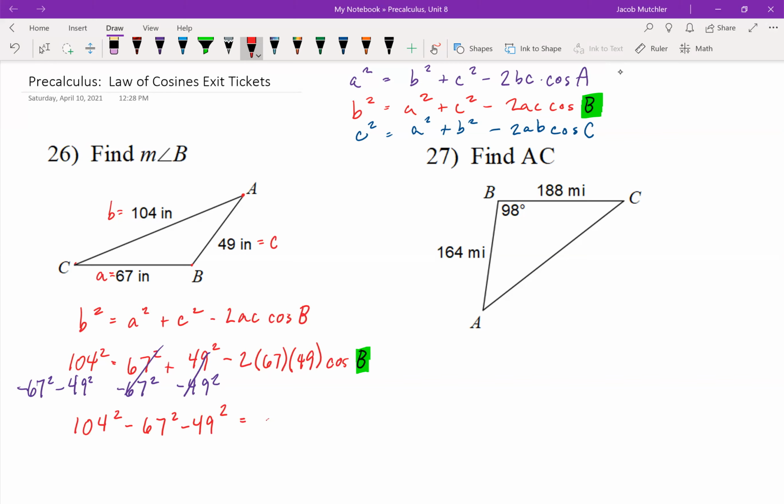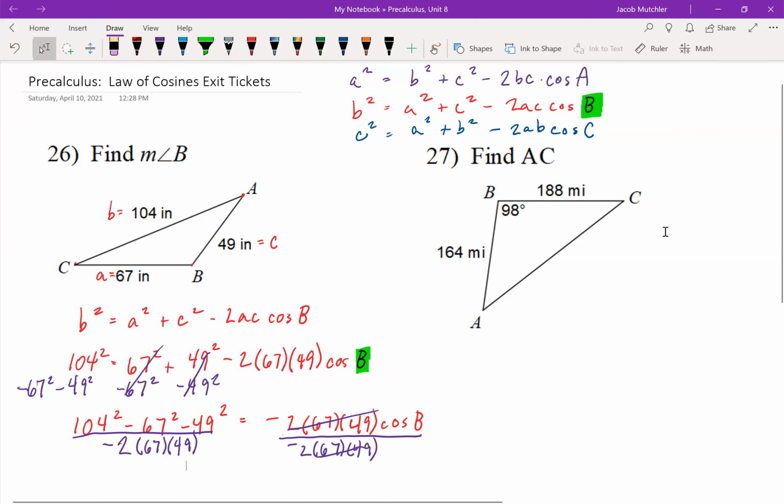And that's going to now equal negative 2 times 67 times 49 times cosine of b. So then the piece that I need to divide away is everything but cosine b. So negative 2 times 67 times 49. That'll cancel. And so all I'm left with is cosine b there on the right. And notice the left side's building up with all the cancellations we made.